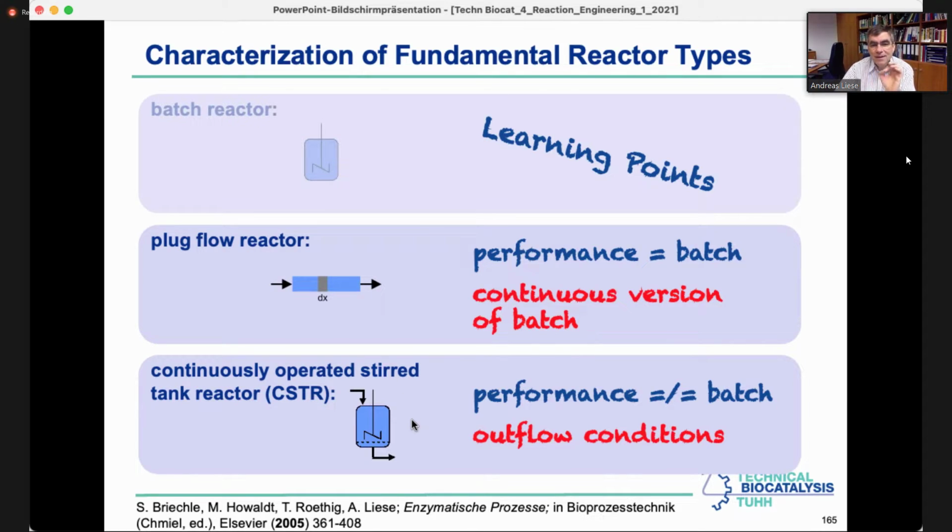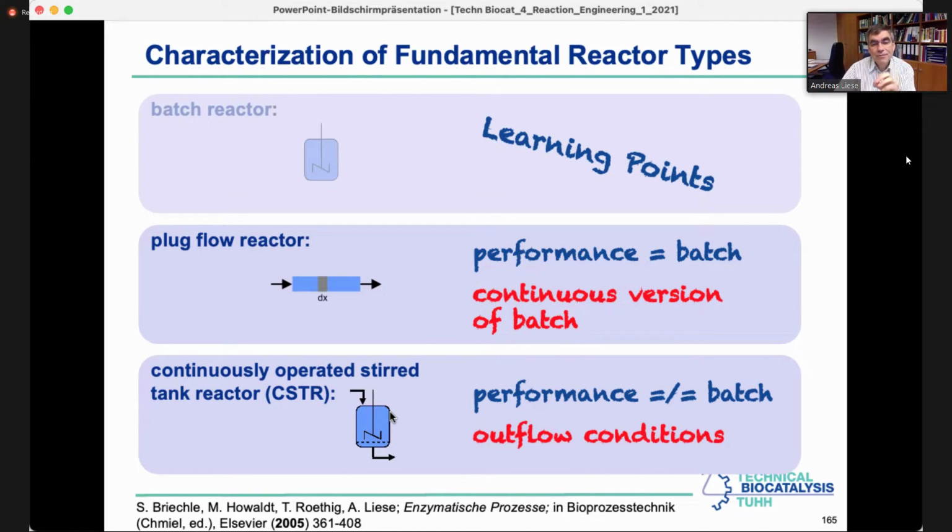In the CSTR, it's different. We're also entering with the racemate, but here we are already at the end point in the reactor, at the outflow condition, what we just have here. So the kinetic resolution performed finally is in the plug flow reactor just at this outflow point of this column. In the CSTR, it's all over the reactor.